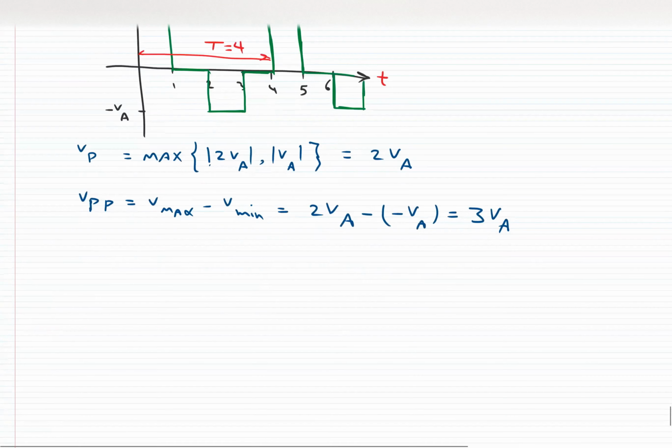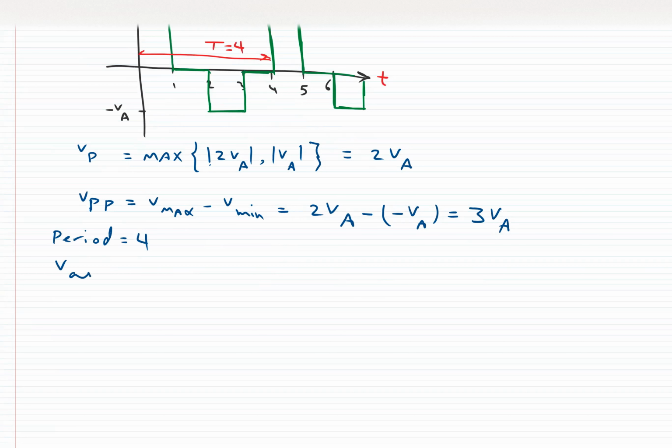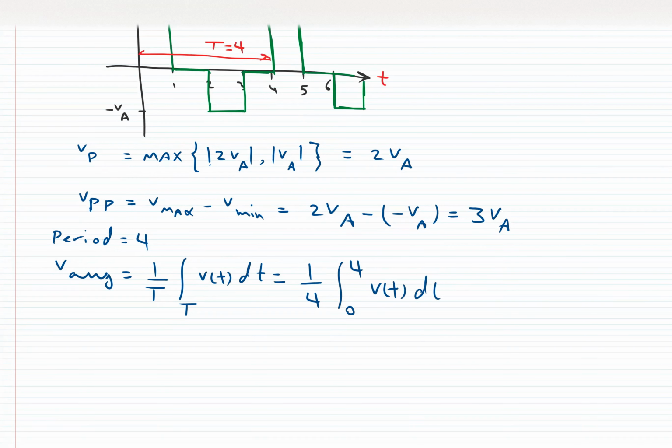Okay, we know that the period is equal to 4, and the average can be calculated using this equation, 1 over T integral of v of t dt, which is equal to 1 over 4 integral 0 to 4 v(t) dt.